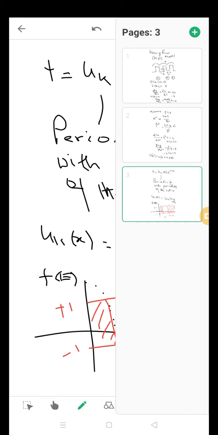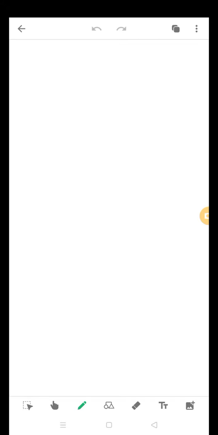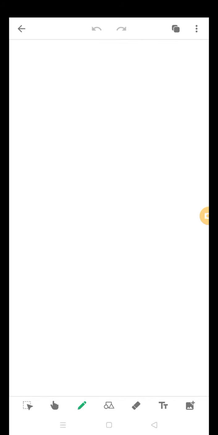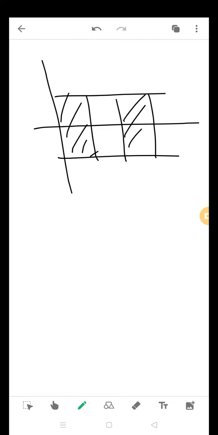So let me draw them separately. First draw the potential. So this is the potential, the periodic potential that we talked about, and the value of the function is actually like this.